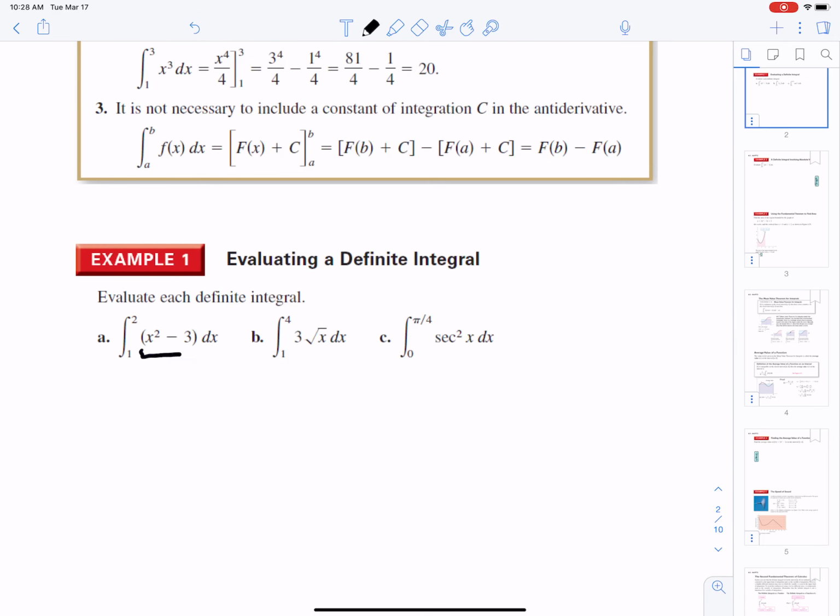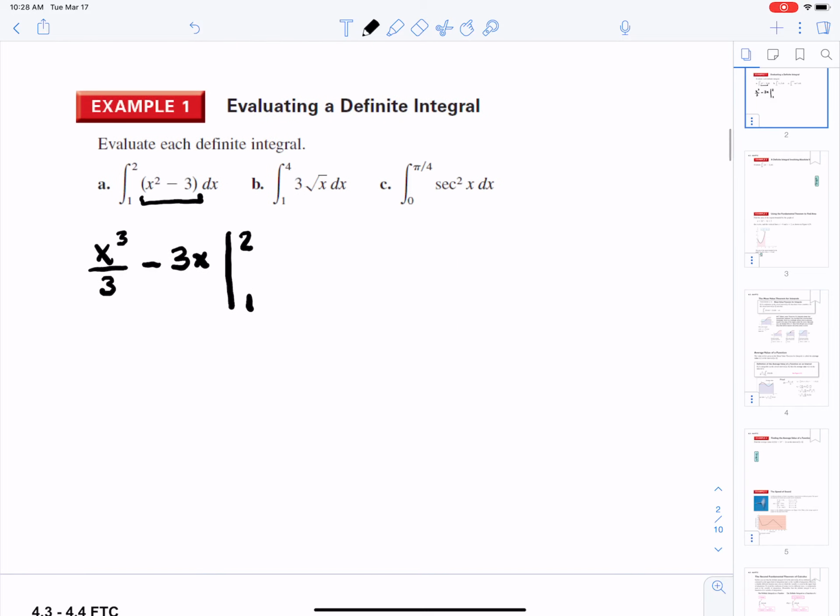So here is my function, little f of x. I need to do the antiderivative of this function. So this is just the reverse of power rule. I add 1 to the exponent, divide by what I added, minus the antiderivative of 3 is 3x. Now the big difference here is we don't add a plus c. We just put a line indicating that we're going to be subbing in the top value and the bottom value.